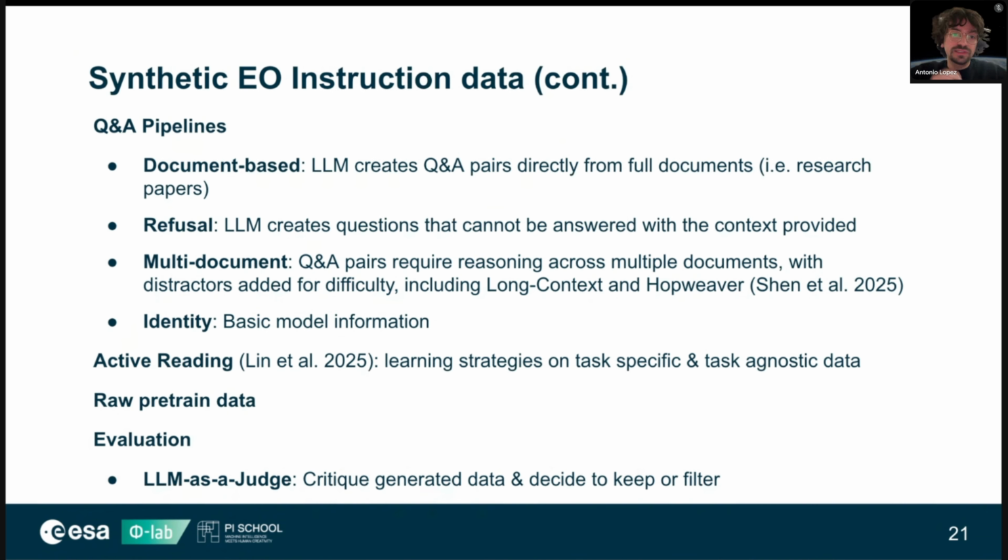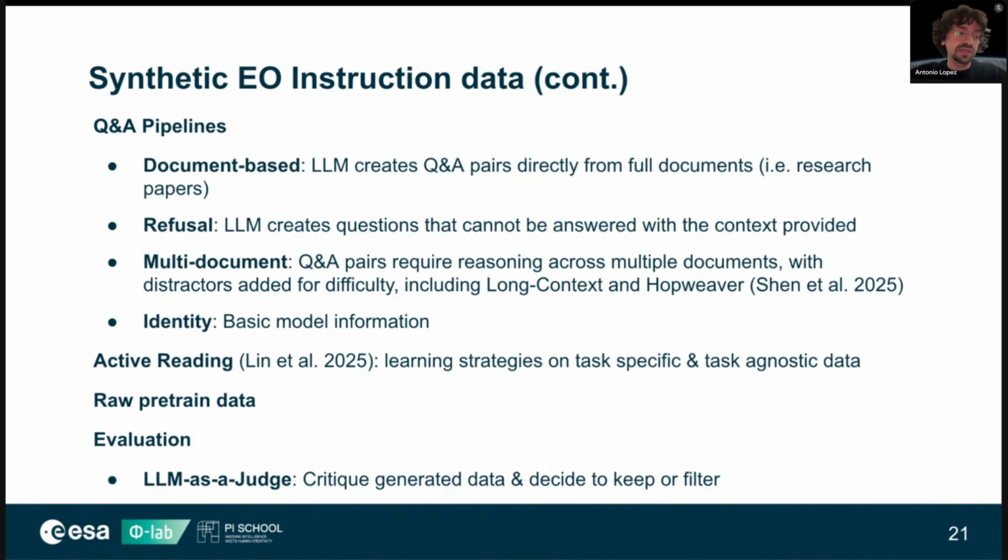Here we start from a simple document base where we just ask a language model to generate a question about a paper or a survey. From that simple scenario, we also reach more complex scenarios, like the multi-document pipeline, where we create a question that could be answered only by combining the content from two papers.